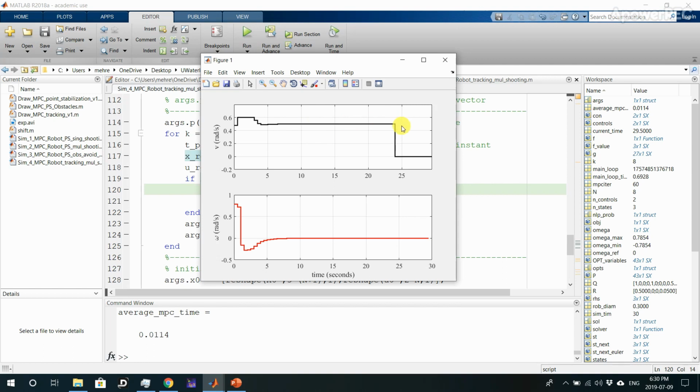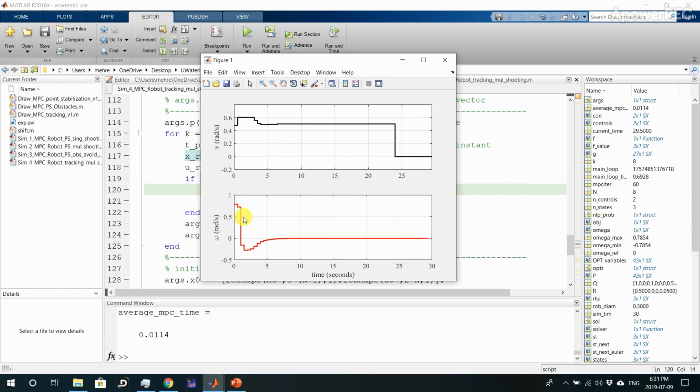And as the robot reaches the endpoint of the trajectory, the reference for the linear speed becomes 0 again, because now the problem is a point stabilization problem at the end, right?